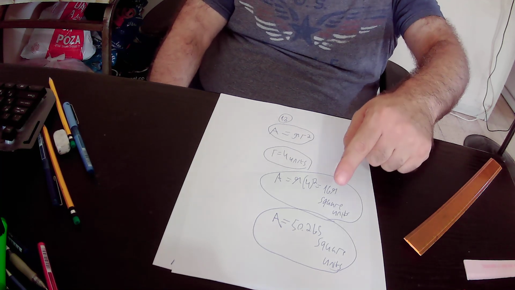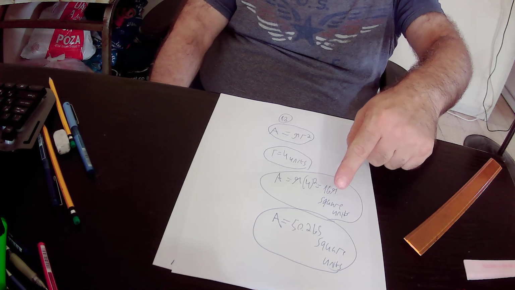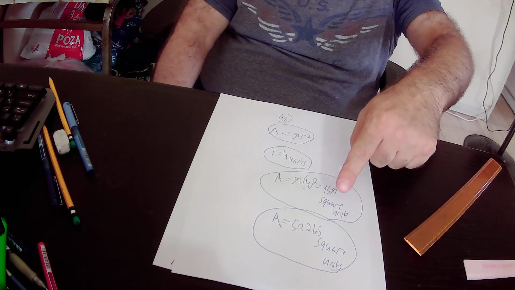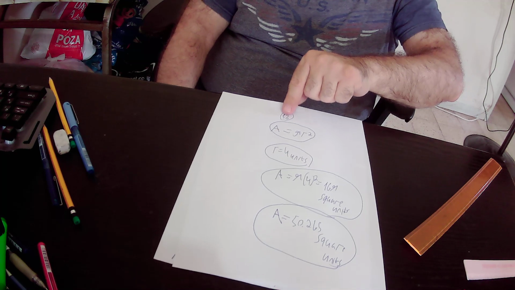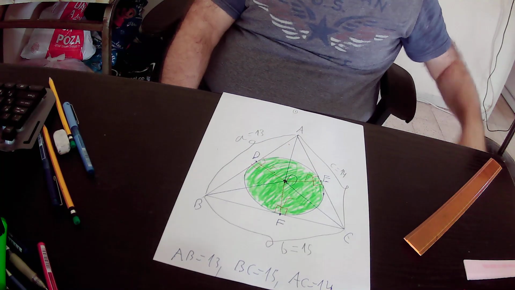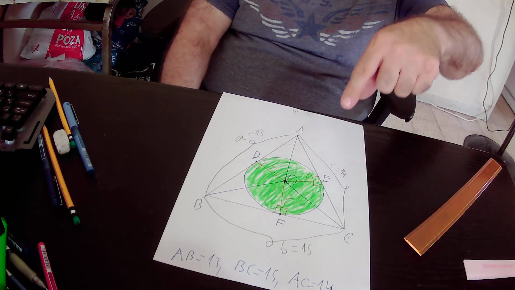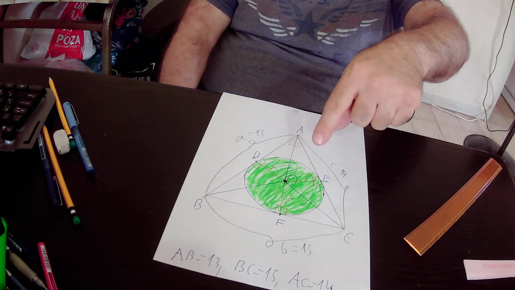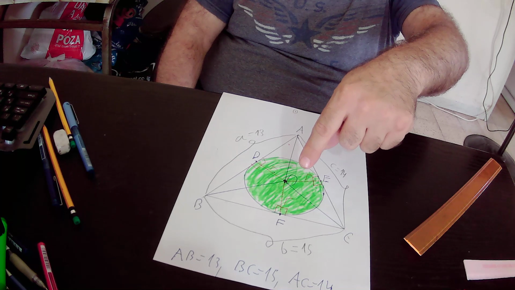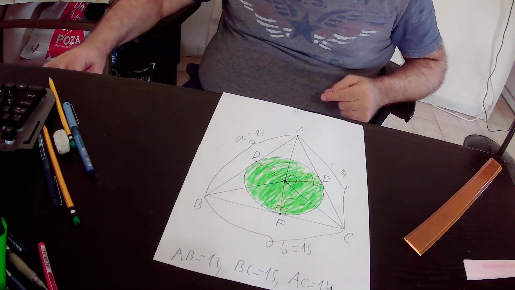So in terms of numbers, the area of the green circle equals 50.265 square units. Again, the area of this green circle equals either 16 pi square units, or in terms of numbers, 50.265 square units. Okay, thank you very much.